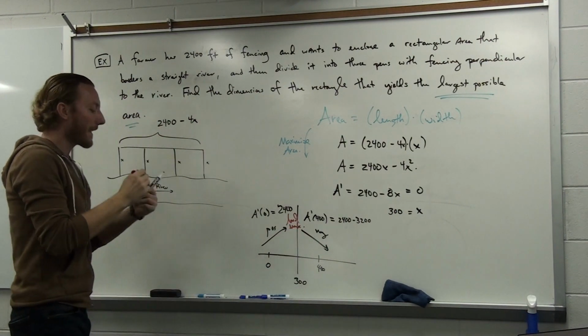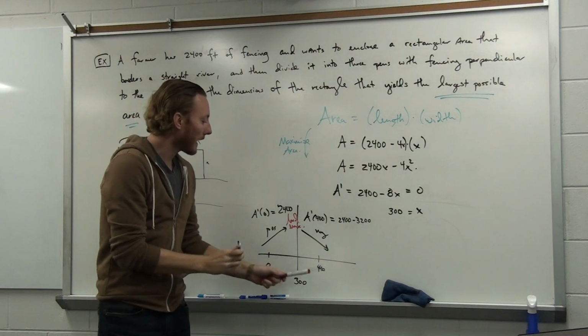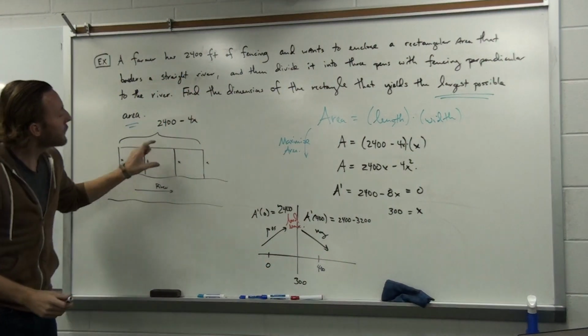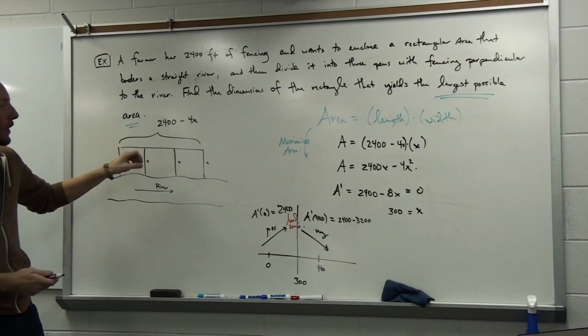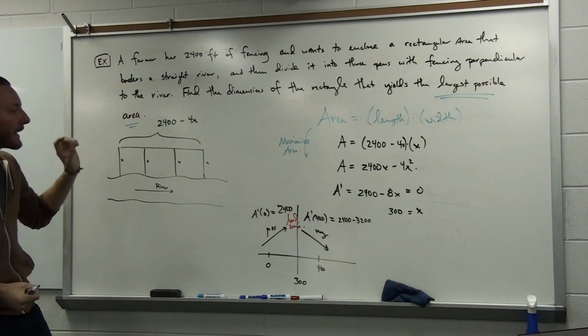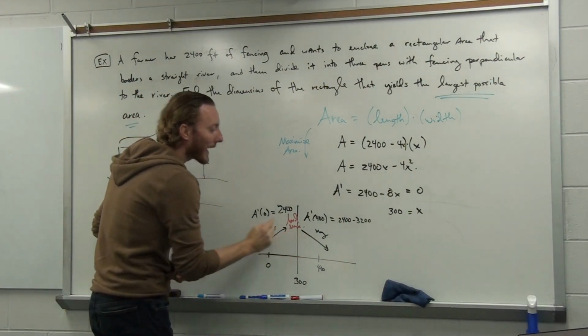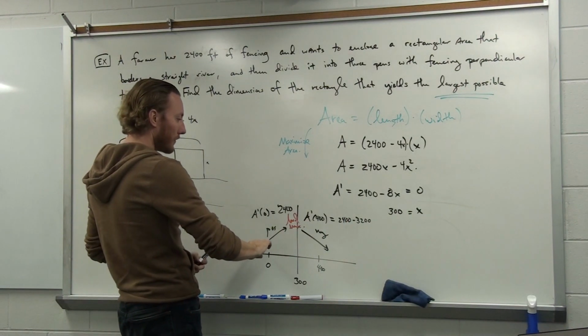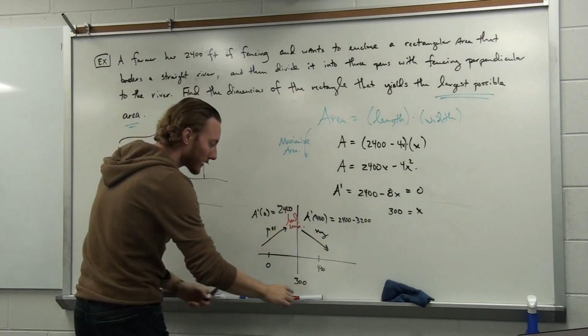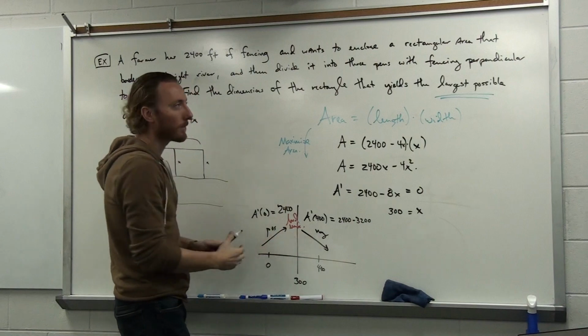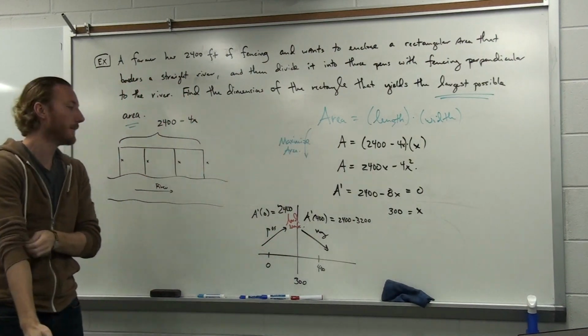And that means, if you think about this in context, if you built your fence out from the river any more than 300 feet, you would be losing area, because the function being described here by this picture going up and down is our area function.